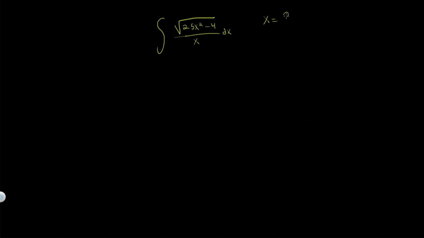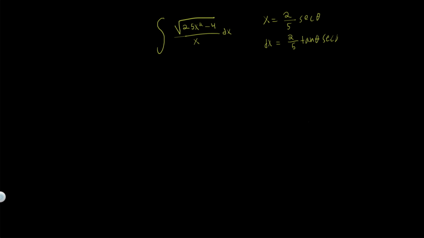We're making a substitution for x. And dx is 2/5 times the derivative of secant theta, which is tangent theta secant theta. So dx is 2/5 tan theta secant theta d theta.